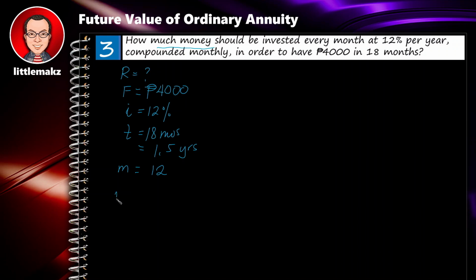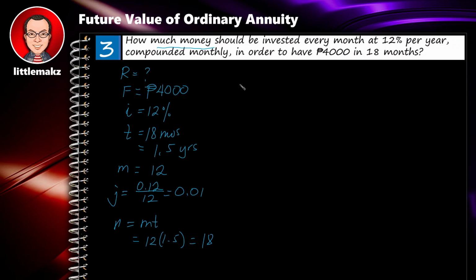Then of course we have J, which is 12%, or 0.12 divided by 12, and this is equal to 0.01. And N is equal to 12 times 1.5, or that is simply equal to 18.